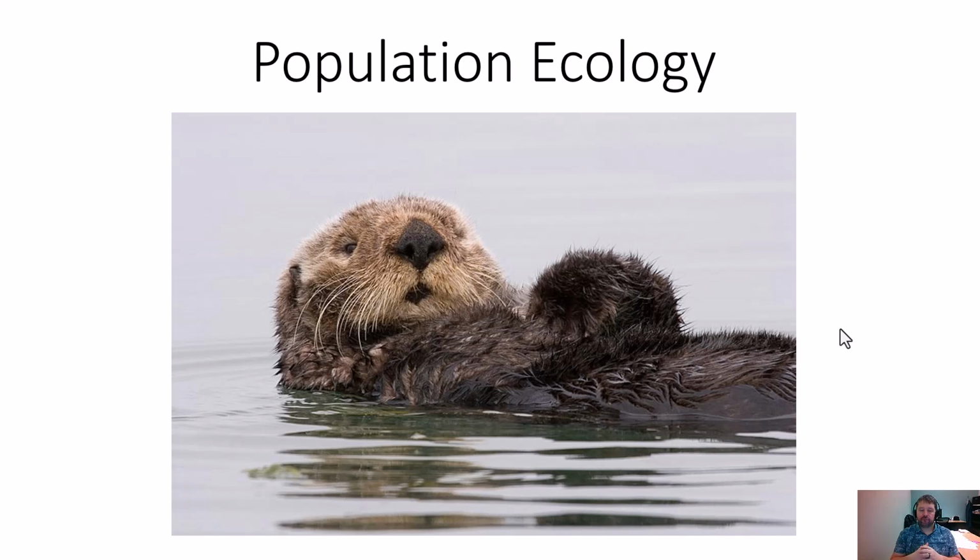Sea urchins feed on kelp and other photosynthetic species, so if the sea urchin populations increase, then your regions of kelp tend to decrease.